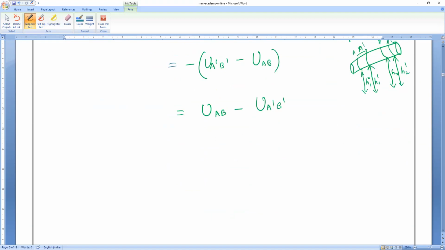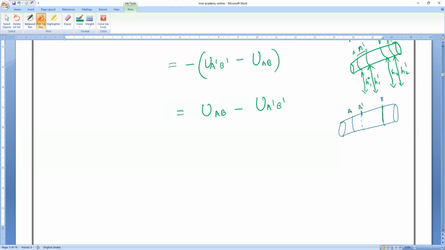Now all of you observe the initial potential energy. That alone I am considering in the pipe. Be very careful. The initial potential energy is moving from A to B. Only that alone you consider. A to B. Moving from A to B, so in the middle there is another point.